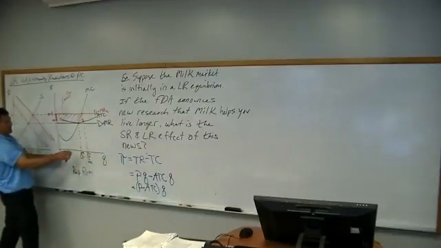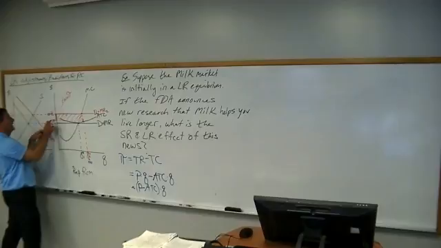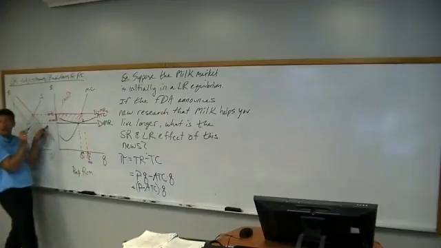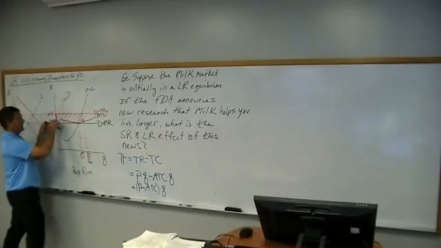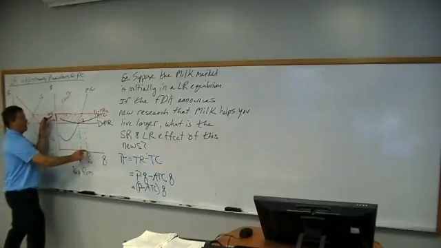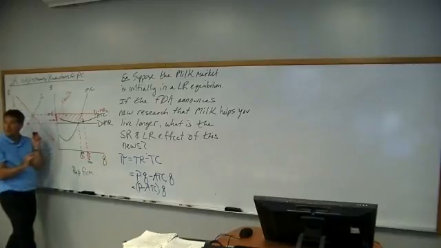What's total cost? Of producing 120 units, I go up to the average total cost curve, hang a left, read off this number. Let's just say it's $8. Average total cost times the quantity, total cost. That rectangle. Total revenue minus total cost gives you profit.